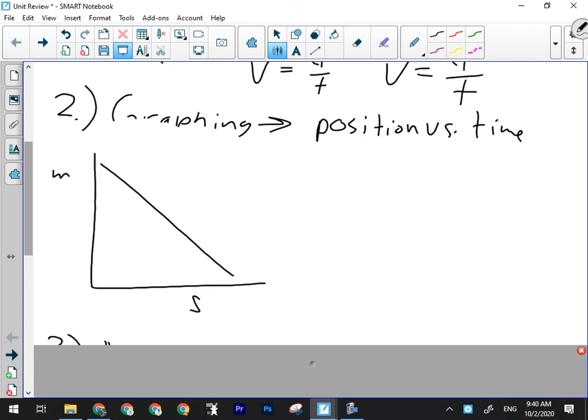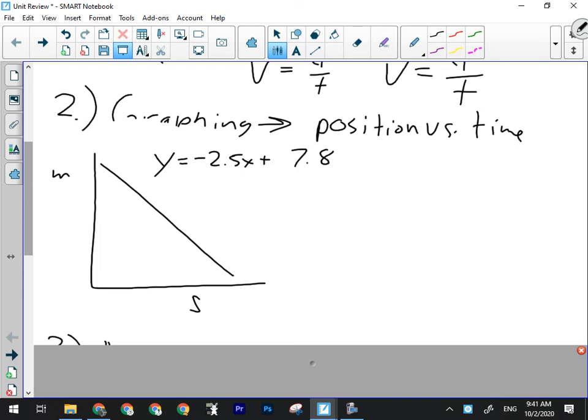Okay. If this question were to give you this, let's say, could you be asked to calculate some things using that? You could, okay? I might ask you something like, what would the position of the object be after 20 seconds?